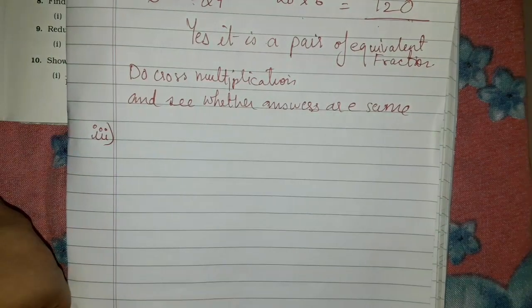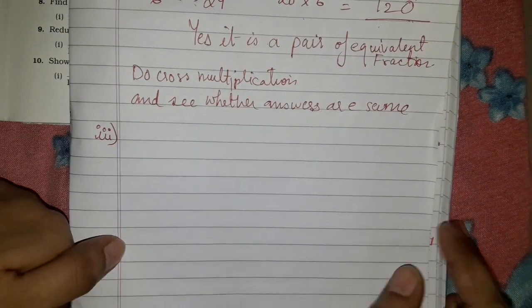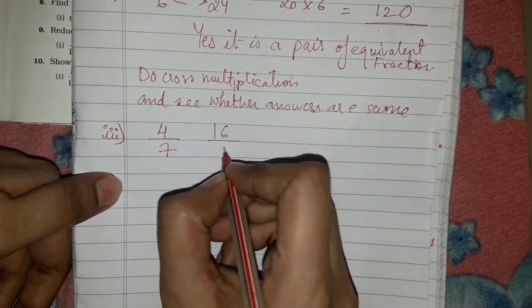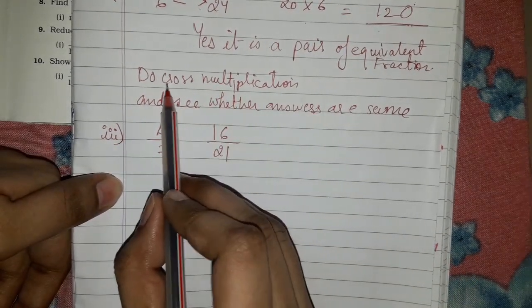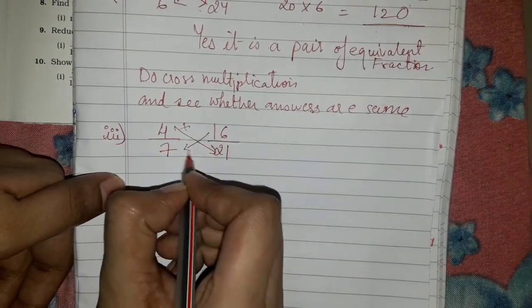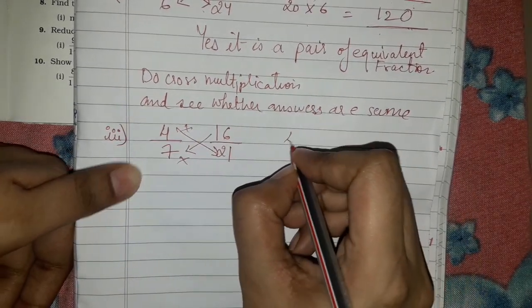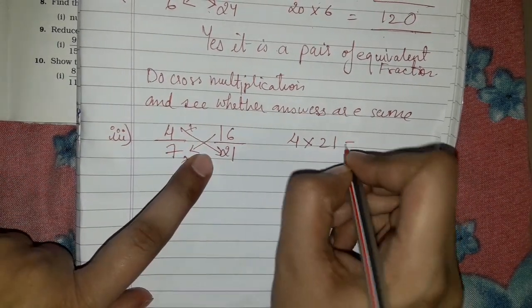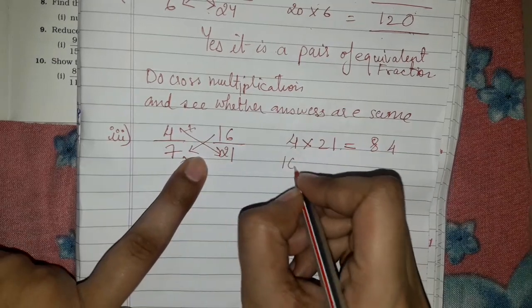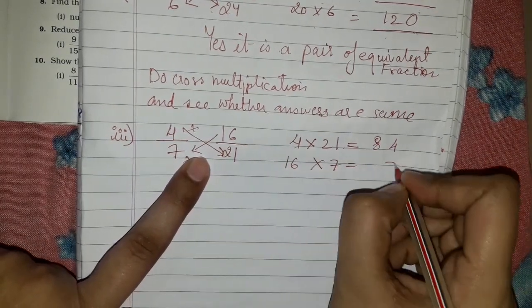Now let's see a case where it's not a pair of equivalent fractions. Now the third part, 4 upon 7 and 16 upon 21. What's the method? Do cross multiplication. This has to be multiplied by this and this has to be multiplied by this. So let's multiply 4 into 21. 4 ones are 4 and 4 twos are 8. And then 16 into 7.